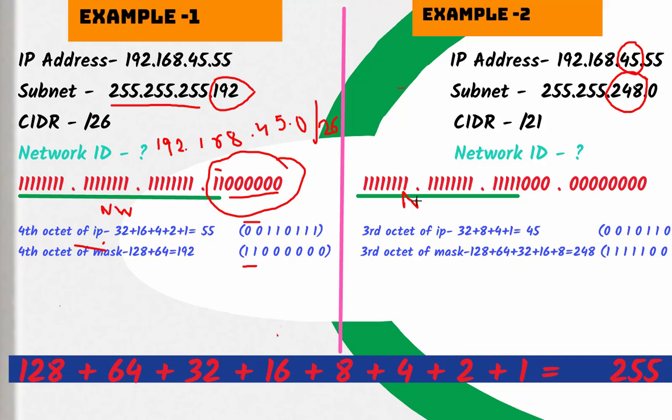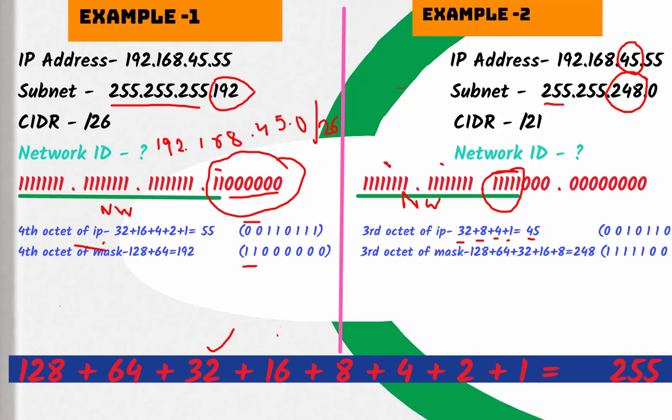Now what is the network? 255.255.248, 8 plus 8 plus 5, so that means we consider the first 5 bits of the 3rd octet. Now the 3rd octet of the IP is 45, so 45 is 32 plus 8 plus 4 plus 1 equal to 45.